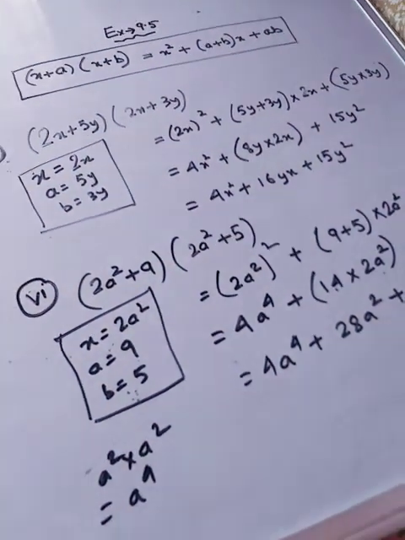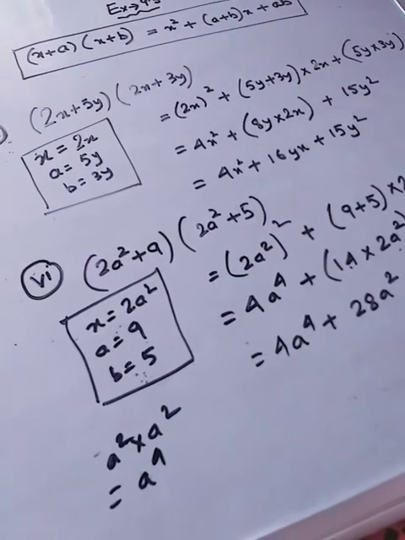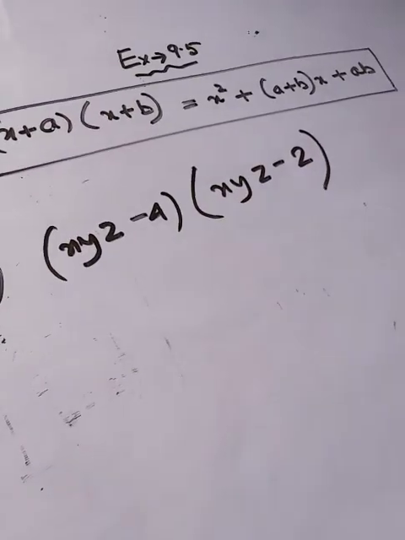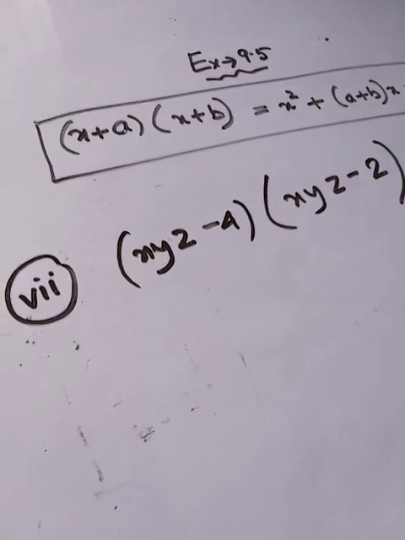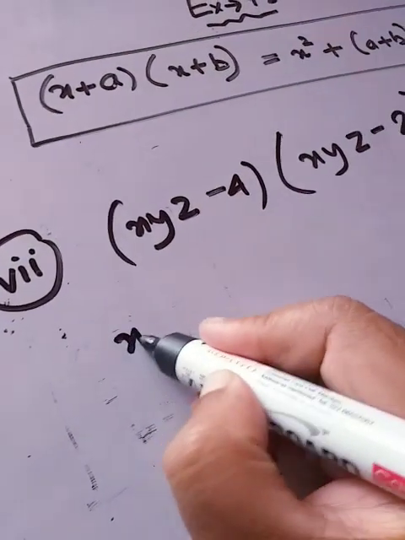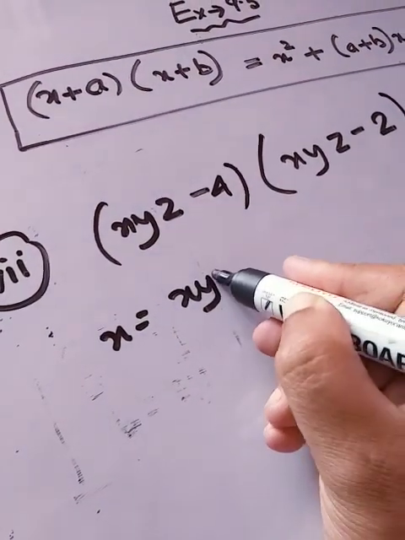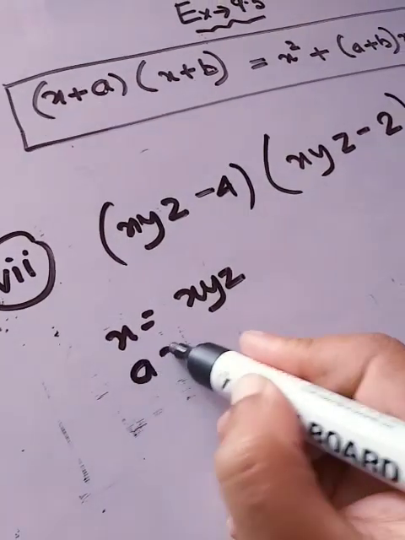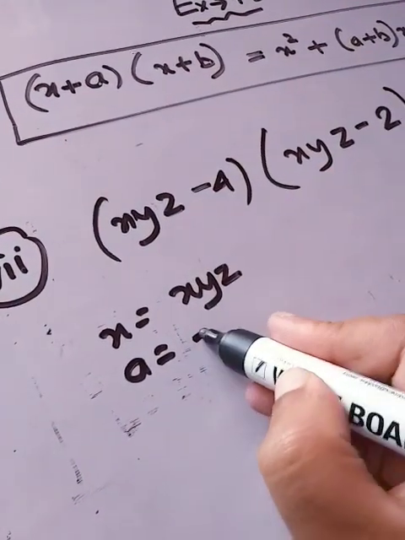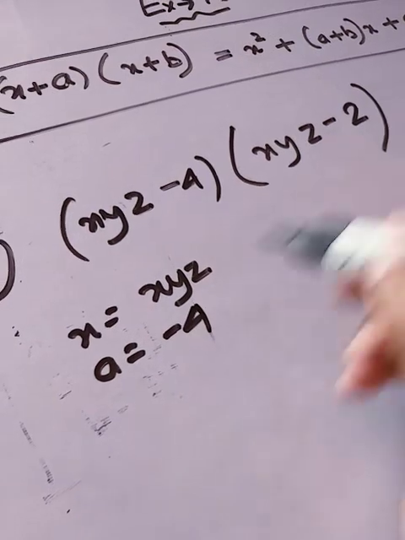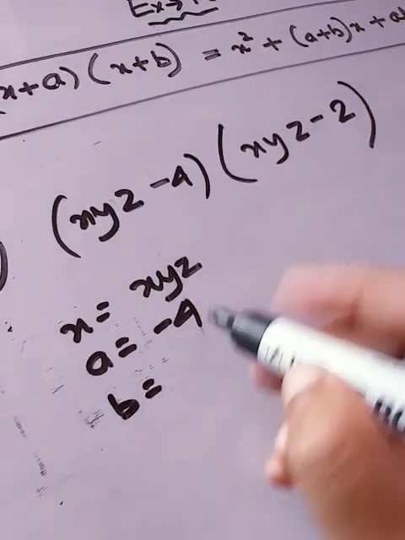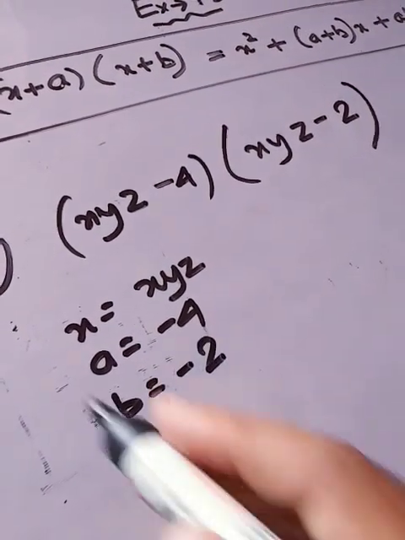Okay, so let's do the last sum, that is sum number 7. Now what is there in place of x? x represents xyz. What is a? See, a is again in the minus form, so we will write minus 4. What is there in place of b? Again it is in minus form, that is minus 2.